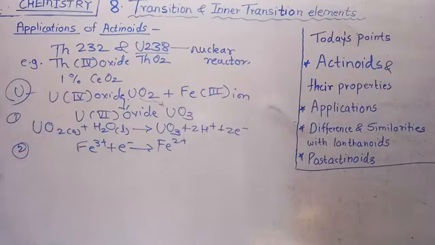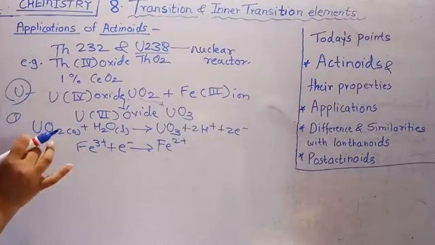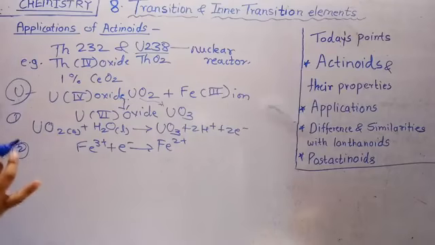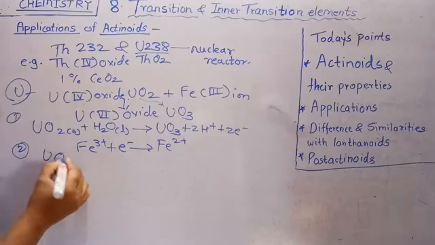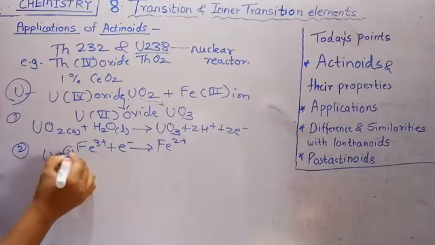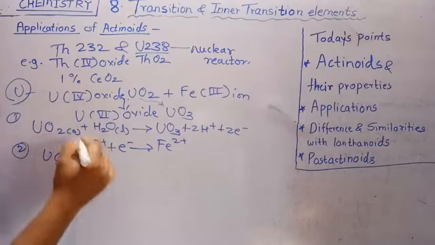In that second step, there is the addition of H2SO4 in this solution to produce uranyl sulfate. This uranyl sulfate contains UO2 2+ ion.